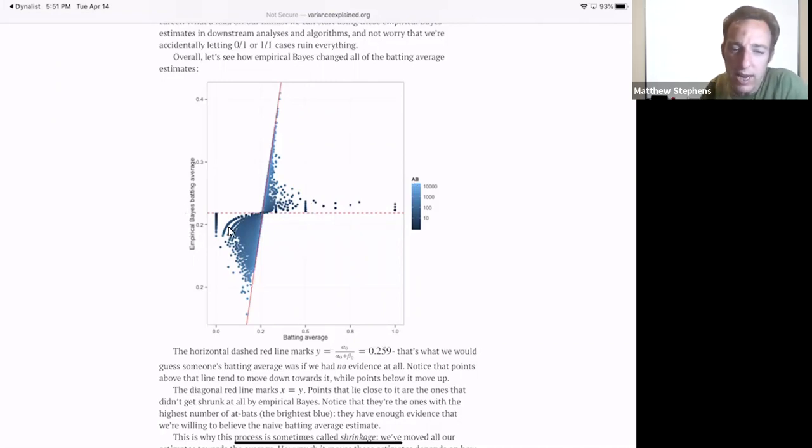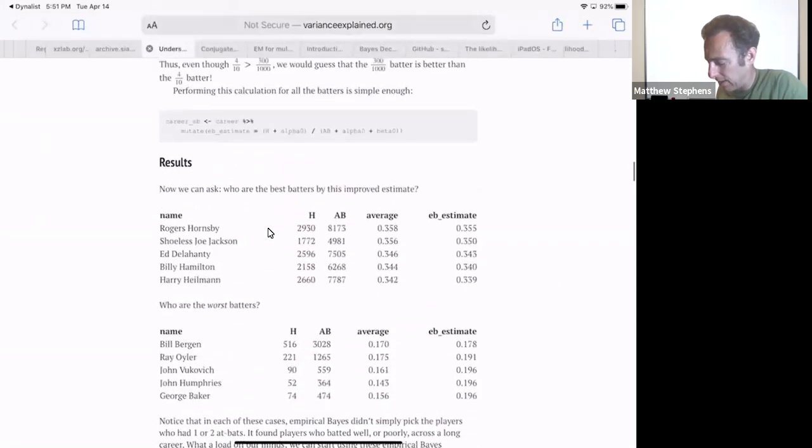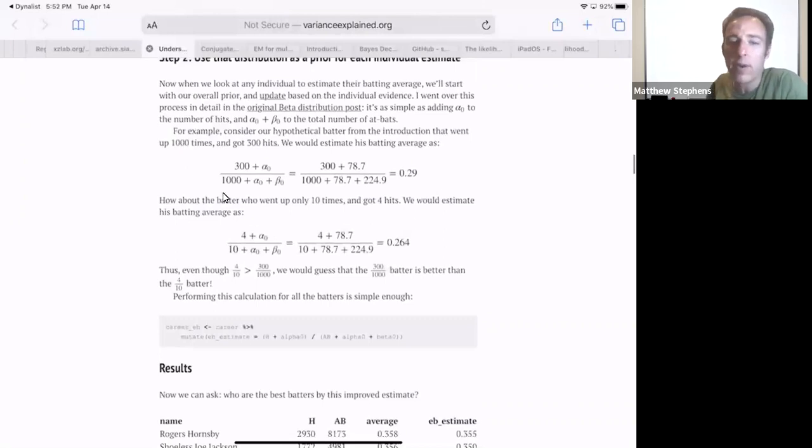So what you can see here is that the darker points, which are the ones with fewer at-bats, actually end up changing quite a lot from the MLE. They're far from this y equals x line, whereas the ones with the most at-bats lie pretty close to the line. So that's the first thing to see, that this is consistent with this kind of analysis, where for an individual with a large number of at-bats, the estimate is pretty close to the MLE, whereas for an individual with a small number of at-bats, the estimate is pretty close to the prior mean.